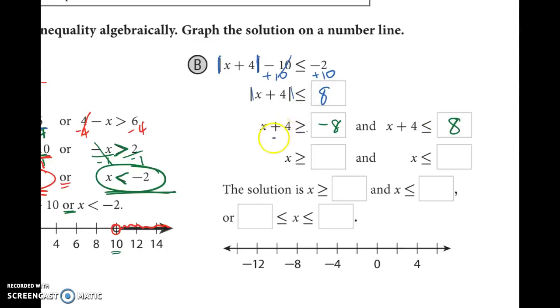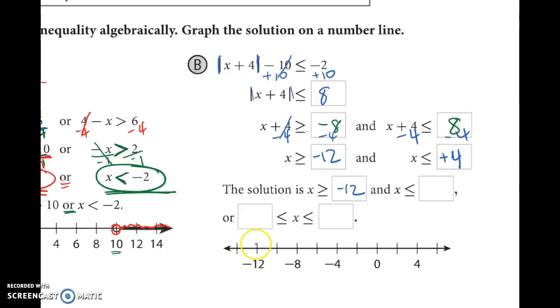And now I solve, I subtract 4, and I get X has to be greater than -12. Or over here, subtract 4, X has to be less than positive 4. Sorry about that. 8 minus 4 is positive 4. So for my solution, I have X is greater than or equal to -12.